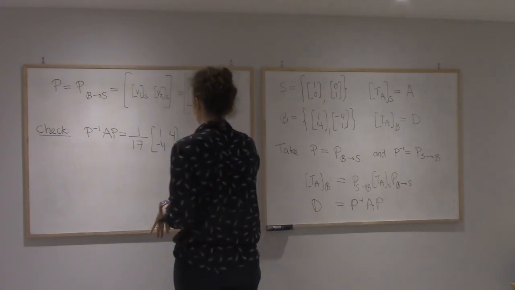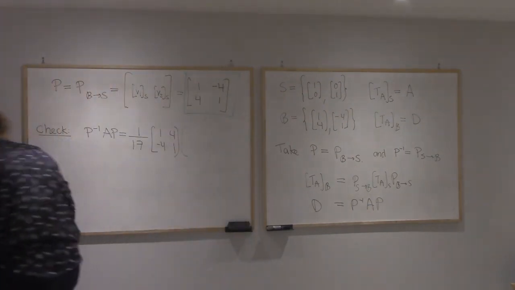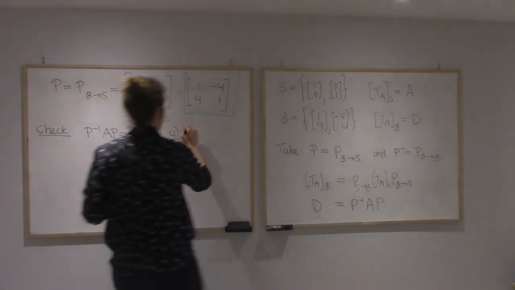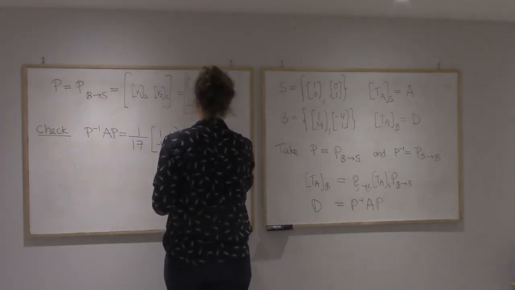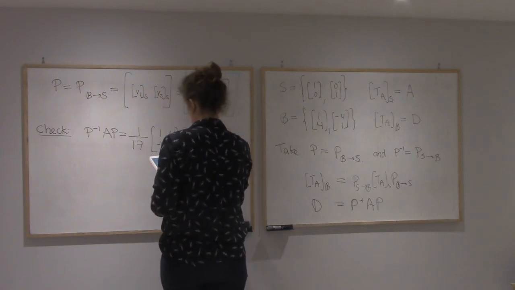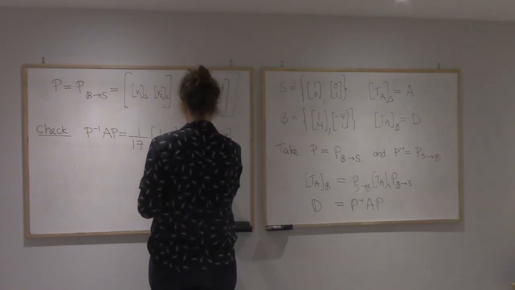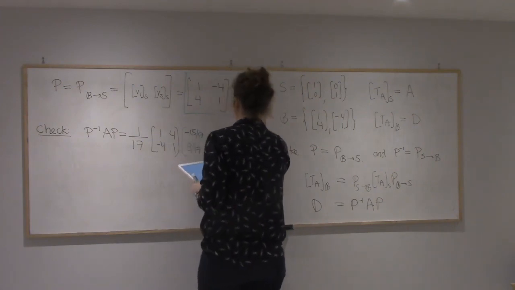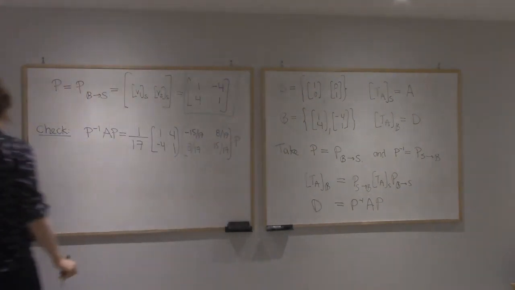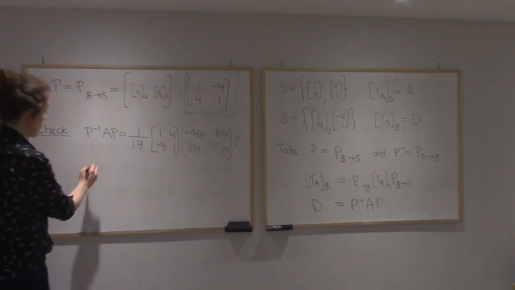A, I don't have anymore. Let me look at the notes. It's minus 15 over 17, 8 over 17, 8 over 17, 15 over 17. Let me just write P here so I can come back to it later.